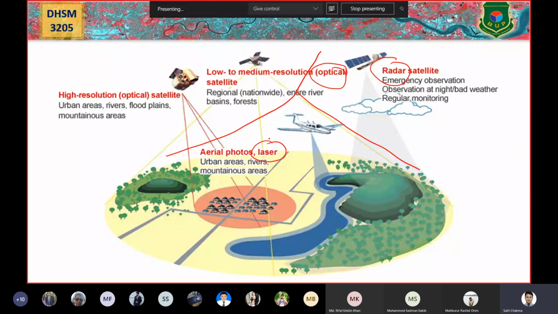So we have these three based on the technique of recording different information: optical remote sensing, radar remote sensing, and laser remote sensing. However, based on the energy source they use, we now have two remote sensing technologies.